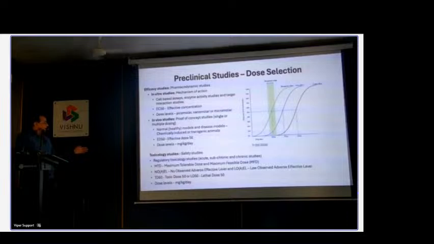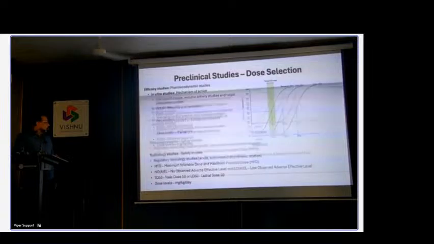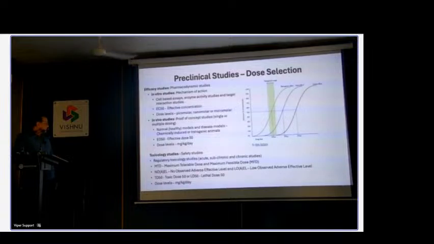So again, you establish the no observed adverse effect levels, or NOAELs, and then if you use the lethal dose, maybe you will even end up with the TD50 values. And again, these are the same, in milligrams per kg per day.